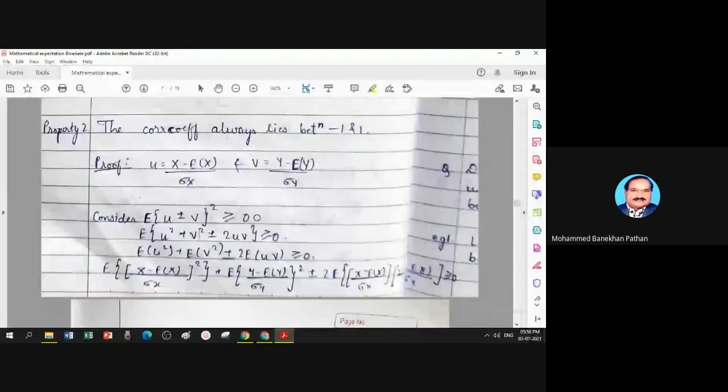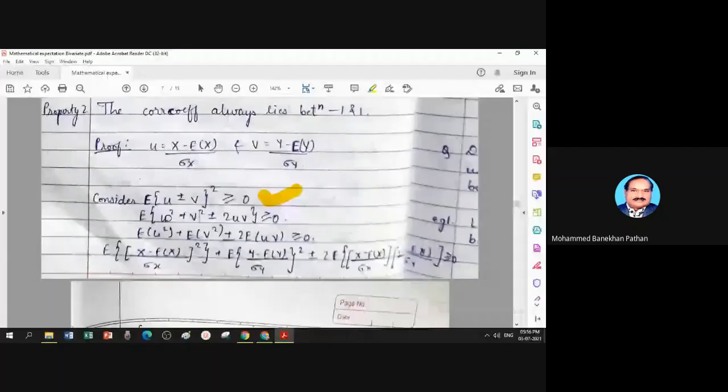Why do I write like this? Because you are taking the expectation of a squared quantity, and a square is never negative, always a positive number. So the expectation of positive quantities is non-negative. I apply the (a plus or minus b) whole square formula, U square plus V square plus or minus 2 times the product, that is the school result.